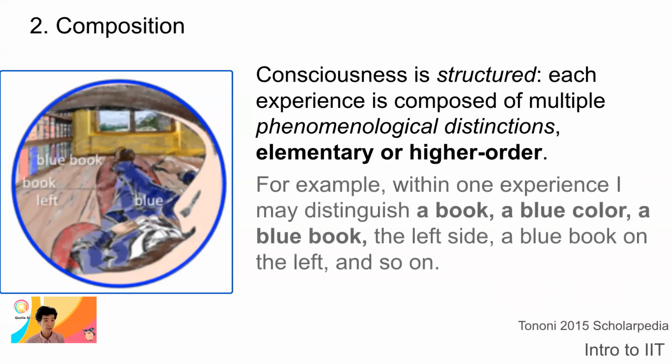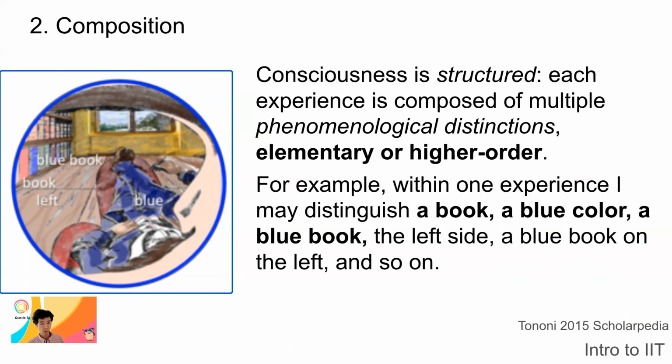By that, what it means is, for example, within one experience, I may distinguish a book, or blue color, or a blue book. Book or blue color here correspond to these elementary distinctions, distinctions based on one particular thing. And then a blue book is a composition of blueness and also bookness, so that is considered as higher order.